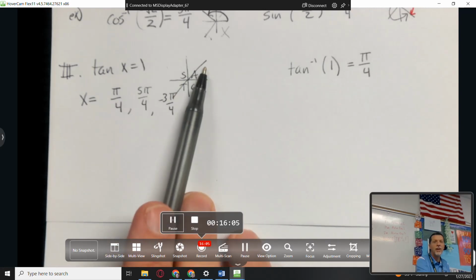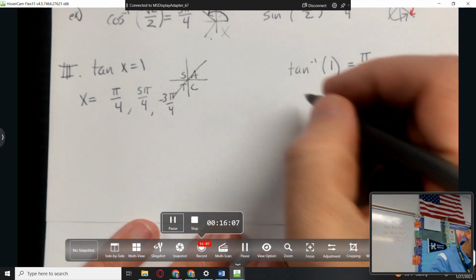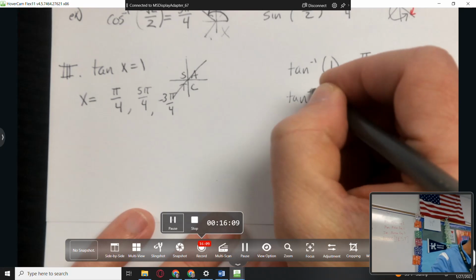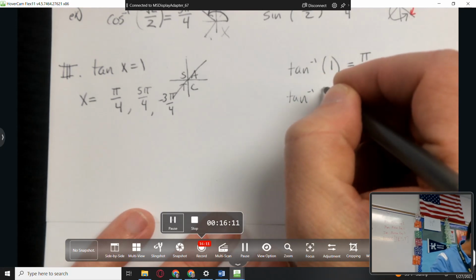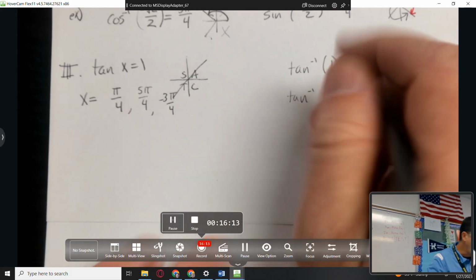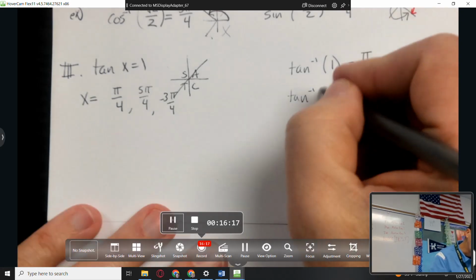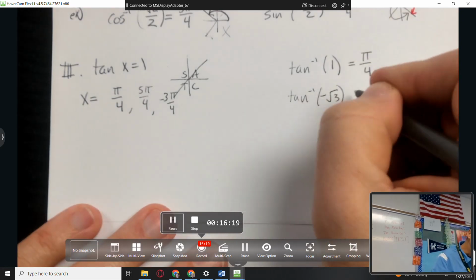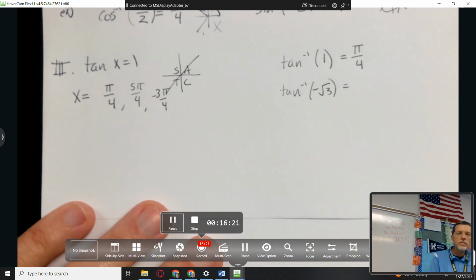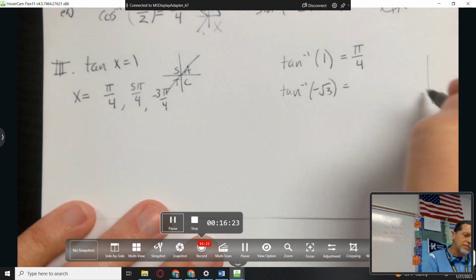The trick is if tangent is negative. So let's do the inverse tangent of, let's do one where we have to think a little bit here, negative square root of 3. So it's got to be in the second or the fourth, right?